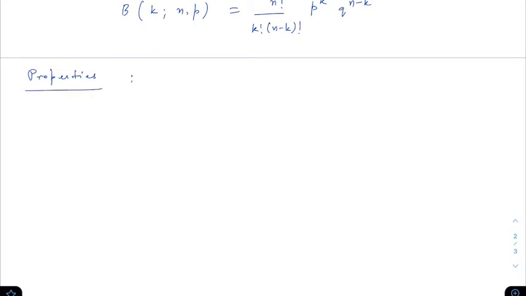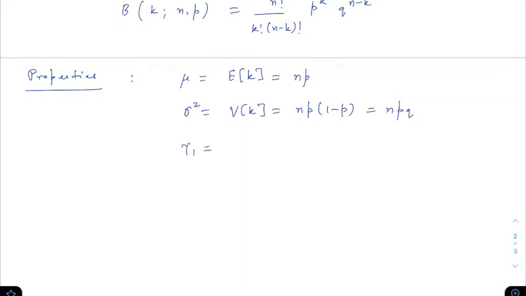The mean is given by n times p. The variance is given by n times p times 1 minus p, or n times pq. Skewness, using the formula defined in an earlier lecture, can also be expressed as a function of p and n.